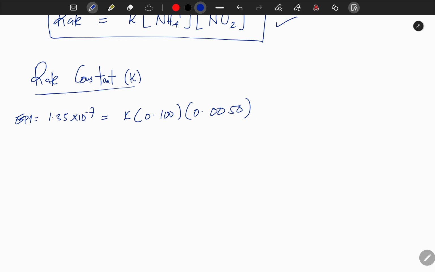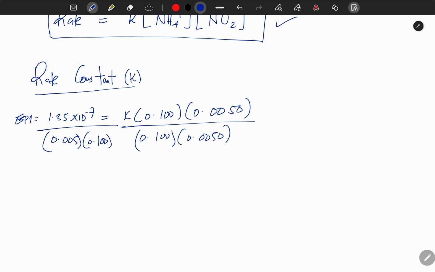So if I multiply these two, so 1.35 times 10 to the power negative 7, multiplying these, all right? So what we can do is this. We can divide both sides by 0.100, 0.0050, even here 0.005 multiplied by 0.100. So gone, we have our k there.